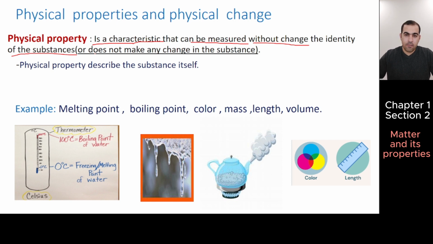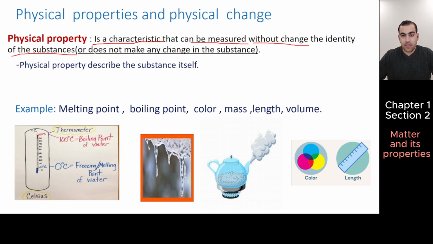Color. I can measure the color of the wall without the wall changing, right? So you can measure the color of your eyes. Does any change happen to your eyes?